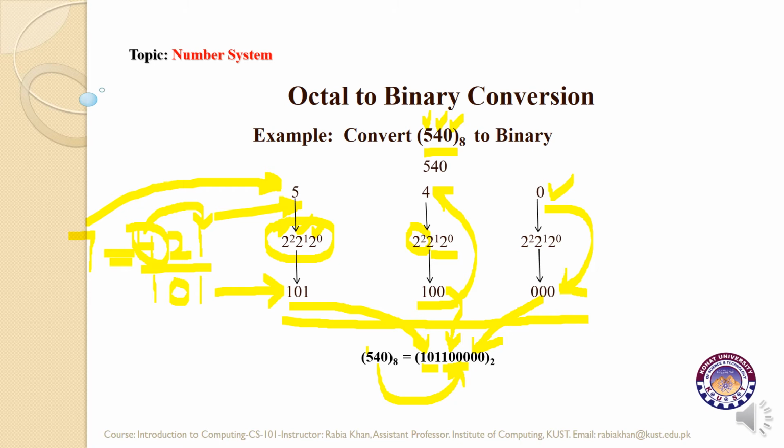Whatever bits generate the required number, keep those on, and whatever is not required, keep that bit off. Ultimately we combine all the binary bits, and it is the resultant binary number. So this is how the direct method for octal to binary conversion works.